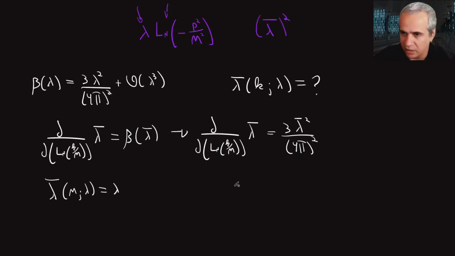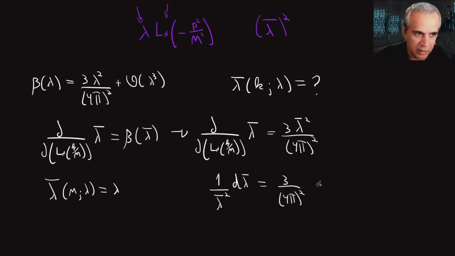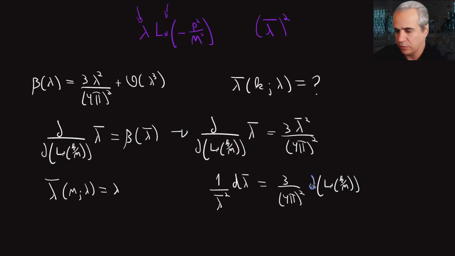Now this equation can be solved by separation. Here I can take d lambda bar multiplied by 1 over lambda bar squared. Just bring this to the side, send the log to the other side. This is 3 over 4 pi square d log, and I integrate on both sides.